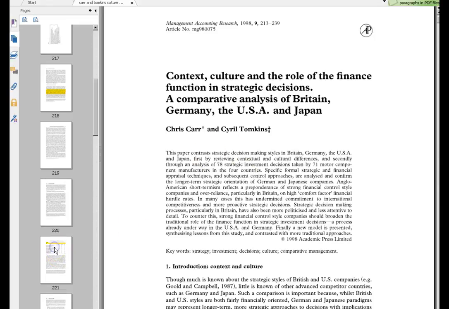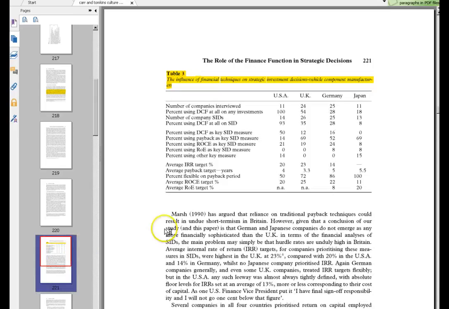So if we cut straight to the table, we have here, they interviewed these companies, so it wasn't just ticking a box. They asked the managers. So the percent using DCF in any sense at all, 100% in the USA said they did use DCF on some investments.